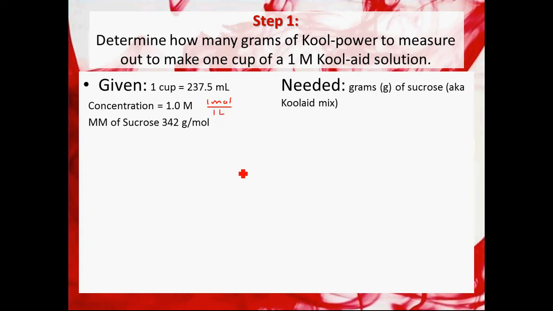So it's 1 mole per 1 liter. That's all that means. And then the molar mass of sucrose, you're also given that. That's 342 grams per mole. So basically we're going to use stoichiometry to get from liters to grams. So the first number I'm going to write down is the amount of solution I need, 237.5 milliliters.